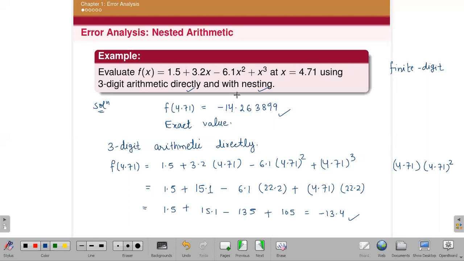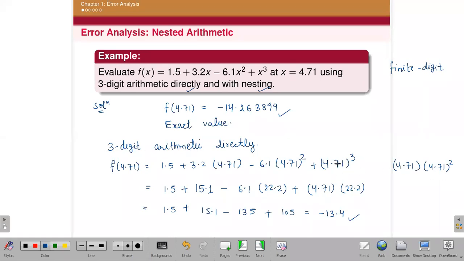Okay, so now I'm using nesting. Ma'am, in 4.71 cube, why did you do it in 2 steps, first calculating 4.71 square? We are using 3-digit arithmetic, so in each calculation you have to perform the 3-digit arithmetic.